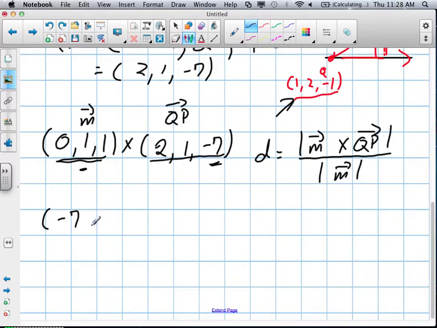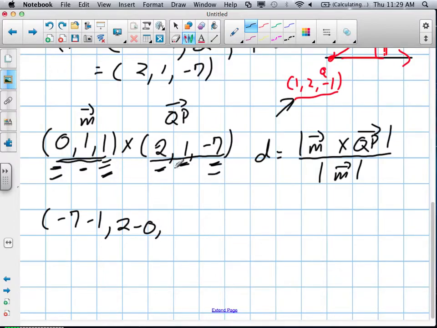Next we're subtracting B2 A3, minus 1. Then we have A3 times B1, which is 2, subtract A1 times B3, which is 0.